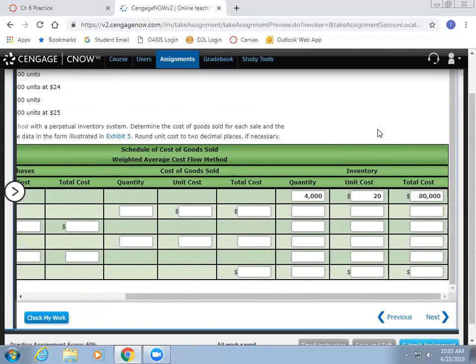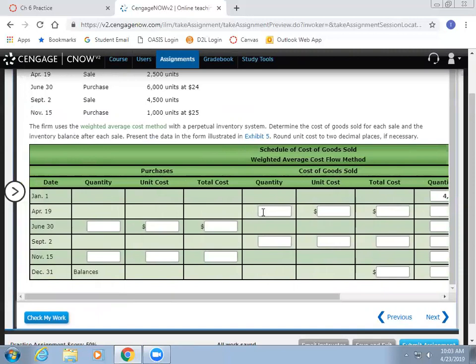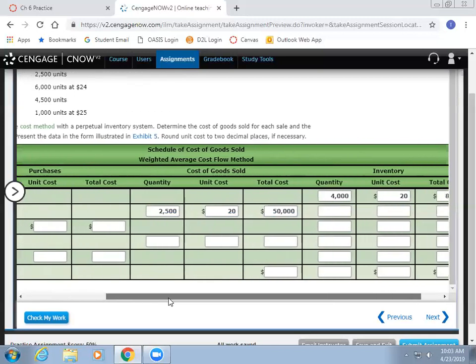Then on April 19th, it says we sold 2,500 units. Again, this would be the same under any method because we only have one price point. So on that April 19th sale, all 2,500 of those are going to be at the $20 unit cost. So our cost of goods sold on the April 19th sale is $50,000. And then we just need to update our ending inventory.